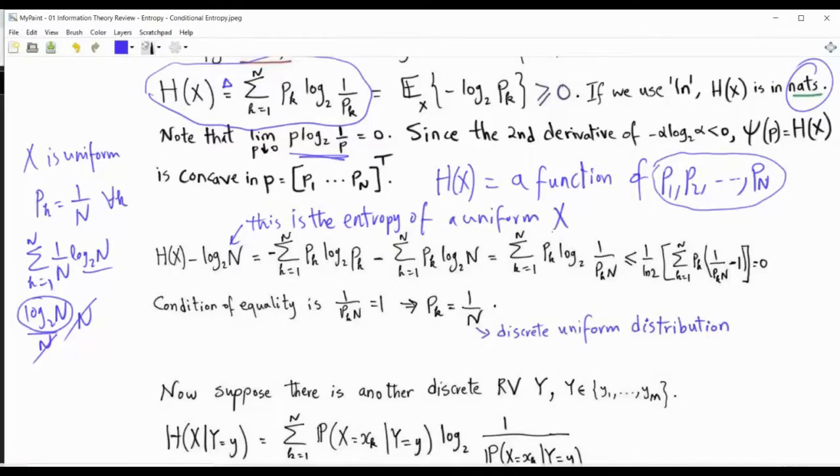x. So we are interested here in comparing a general entropy with the entropy of a uniform random variable. It has n values to take, and it takes them with equal probability.